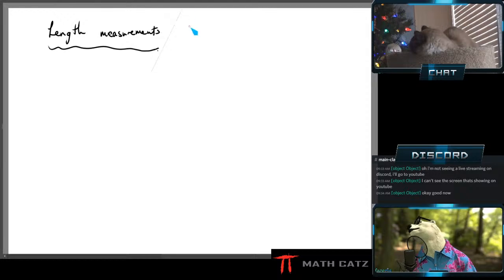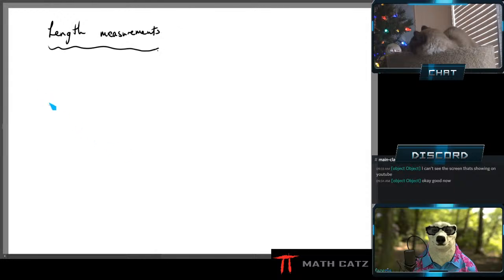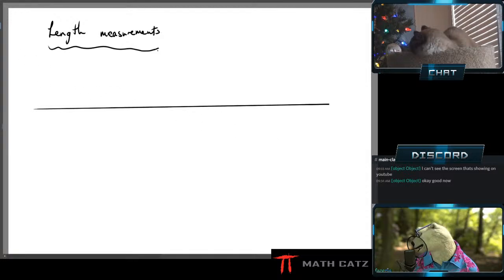Okay. So to make things a little bit more interesting, we will use different length measurements, but the idea of measuring distance and length is the same across any unit. I have a length, be it short or a long distance that I travel, that I want to convey the quantity in an accurate way.